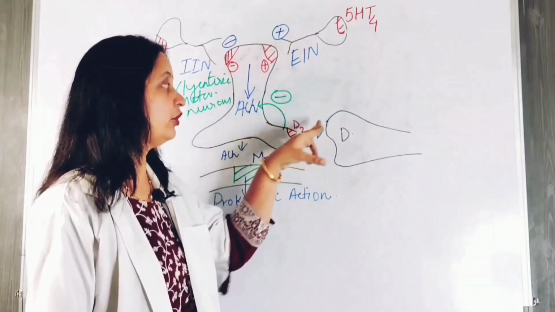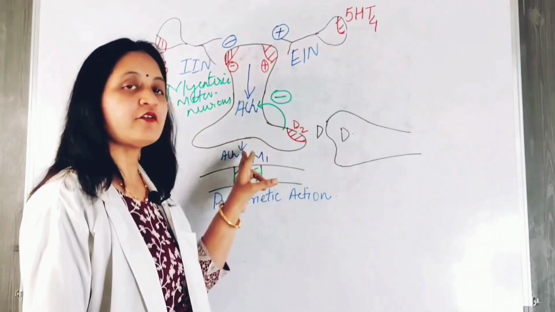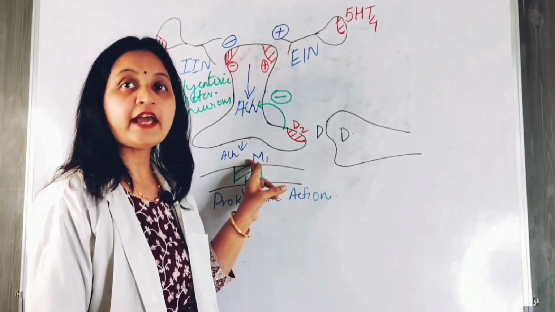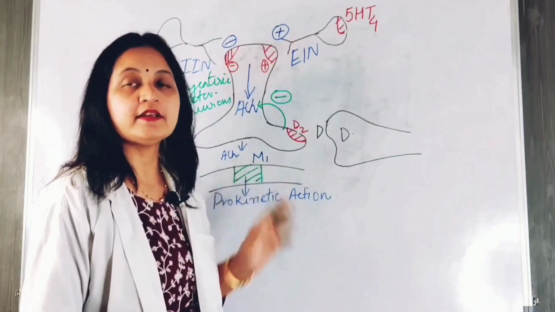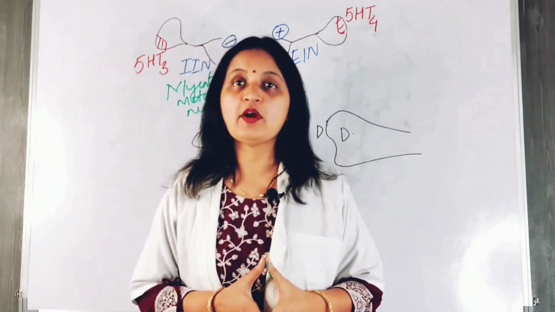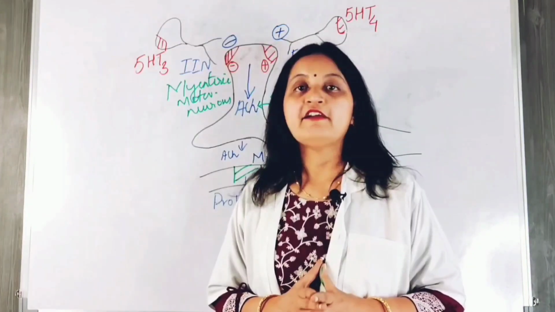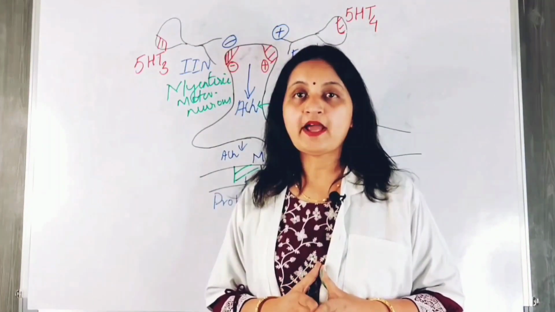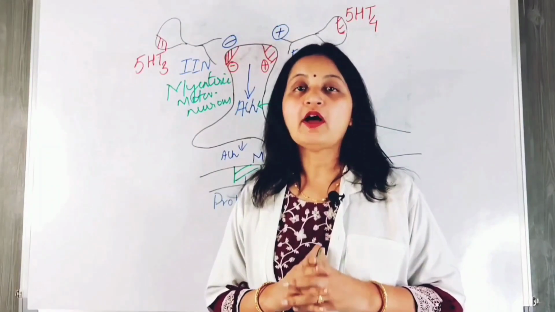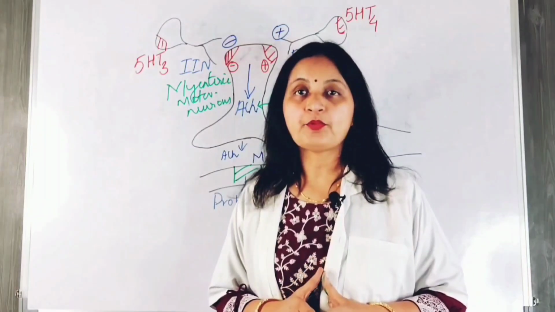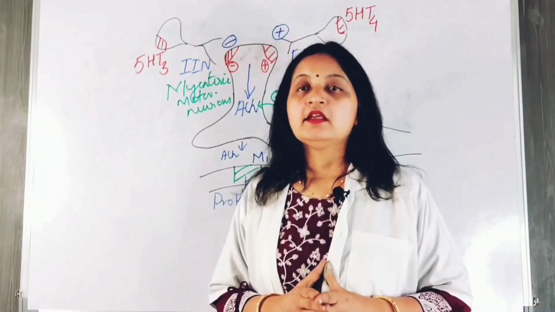Because the inhibitory control is lost, there is more release of acetylcholine, and more release of acetylcholine means more action on the muscarinic receptors, and therefore this enhances the prokinetic actions of the dopamine antagonist drugs. Therefore, drugs such as metoclopramide and domperidone block or antagonize the dopamine receptors, and this increases the prokinetic action.